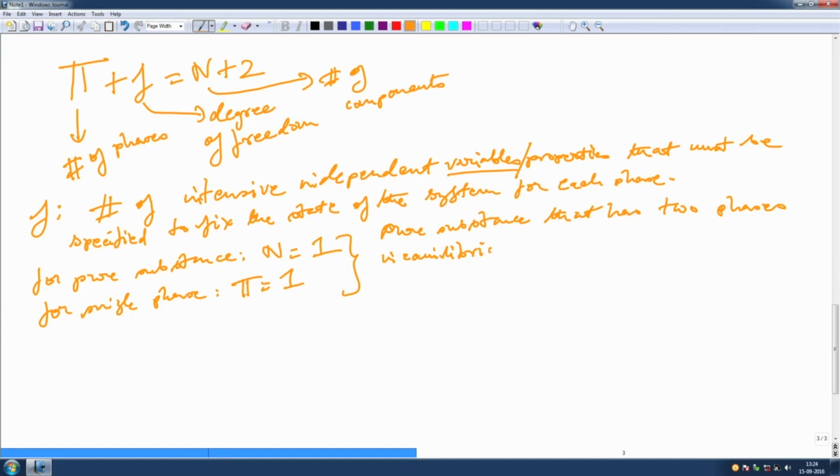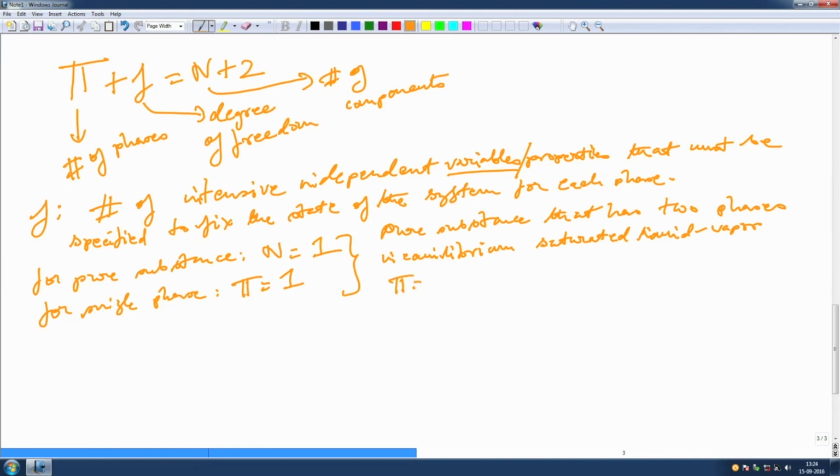Let us take this as an example, a pure substance which has got two phases in equilibrium, like for example a saturated liquid vapor. This can be water and water vapor, for example. That is the easiest example that you can think of.